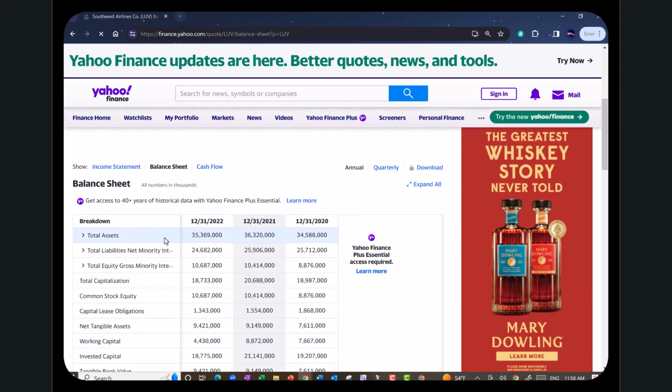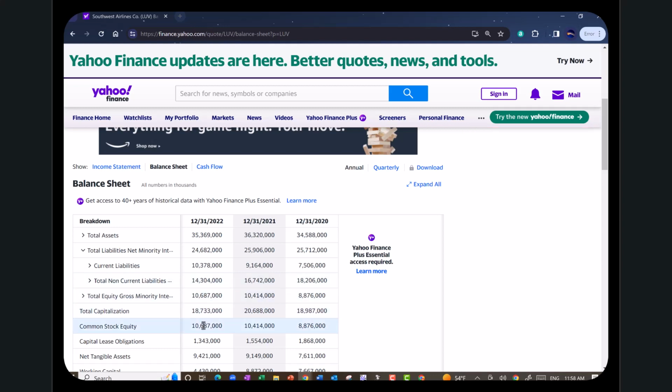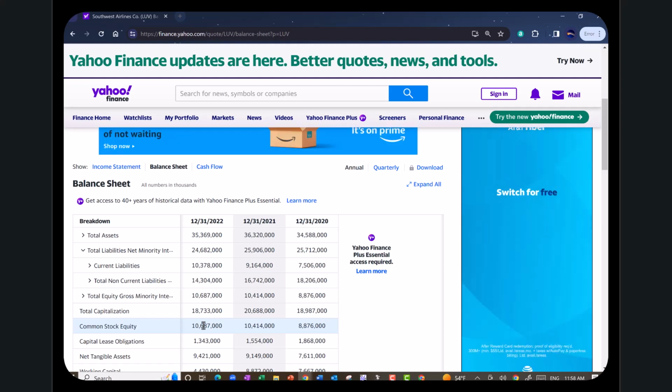These guys have total assets of $35 billion. Their total liabilities is 24, of which 14 is long-term debt. So they actually owe less than their assets. Compared to their equity, they owe about 2.5 times. For a company like this, 2.5 times equity is not that big of an issue.